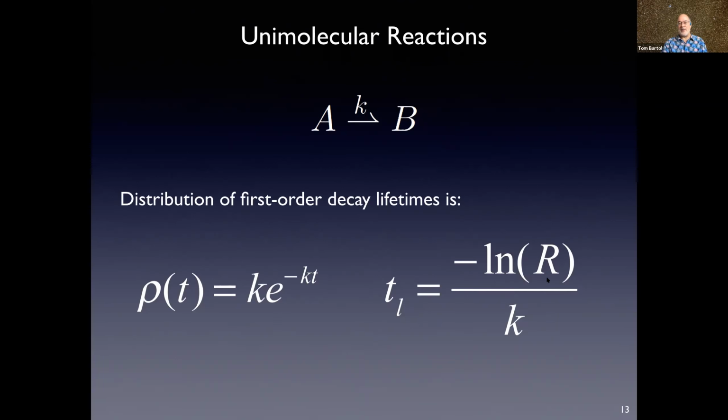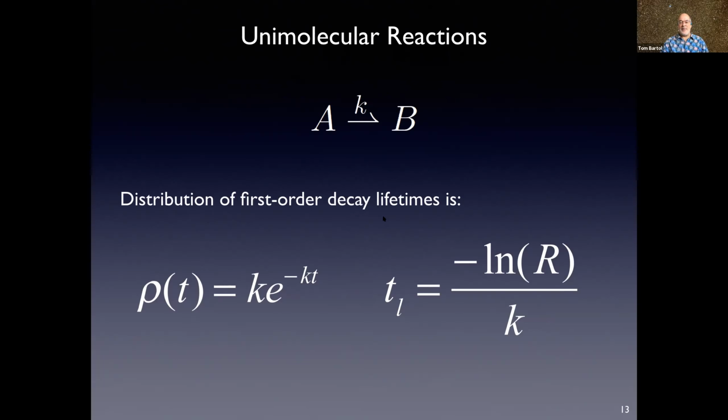R is a uniform random variate between 0 and 1, and so if we take minus the natural log of that number divided by K, that will give us one sample of a T sub L lifetime of a single particle in the population undergoing this process. This is the very simple way that we do this in MCell.